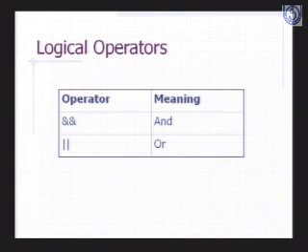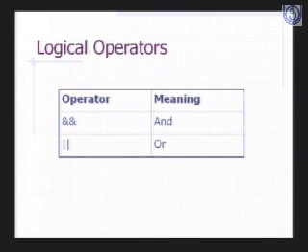So what is the purpose of using the logical operators? Suppose you want to check compound relations, like A is equal to B and C is equal to D. If both of them are true, then only the following statement should be executed. In that compound relational operation, we have to use a logical operator.